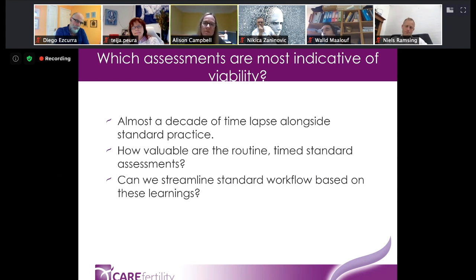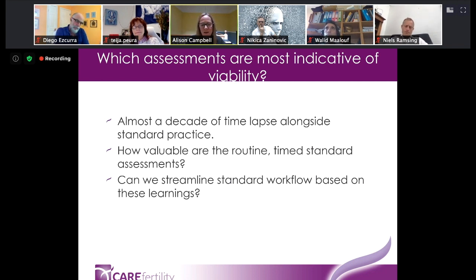So which assessments, based on our experience as a large group, are most indicative of viability? We've had almost 10 years of time-lapse experience alongside standard practice. So we still aren't 100% time-lapse.